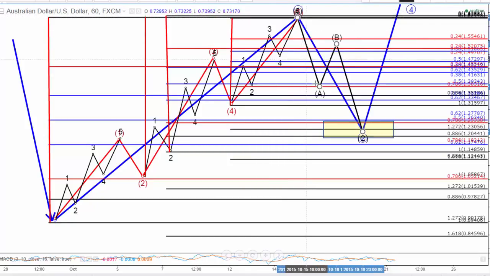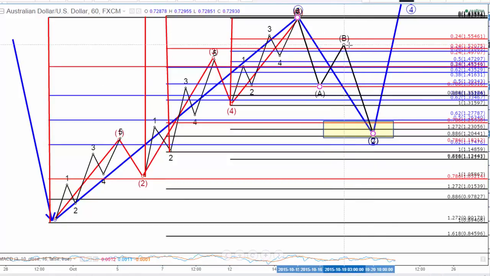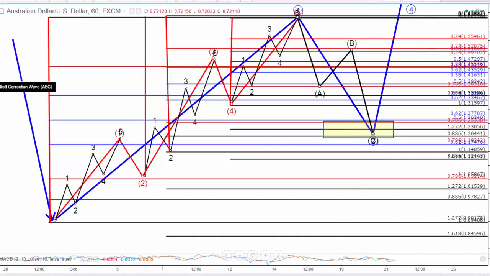You're now getting your ABC down, and a lot of times these ABC corrective waves, which we expect, are also broken into smaller five waves, or we also have ABC. For instance, you may get this here, here, here.